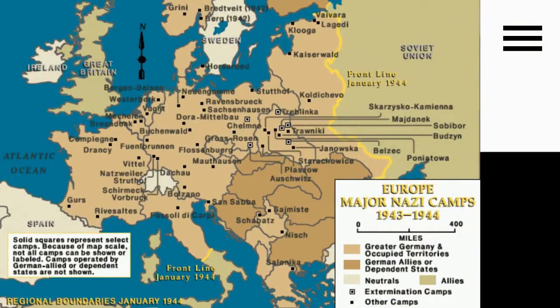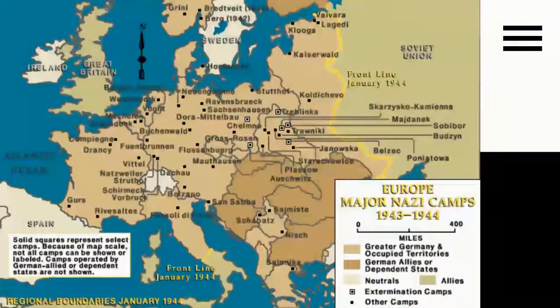Once again, we have a map of Europe, this time a little bit zoomed out to give us a better understanding of what the Nazi concentration camps look like on a larger scale, not just simply what was in existence in Germany.